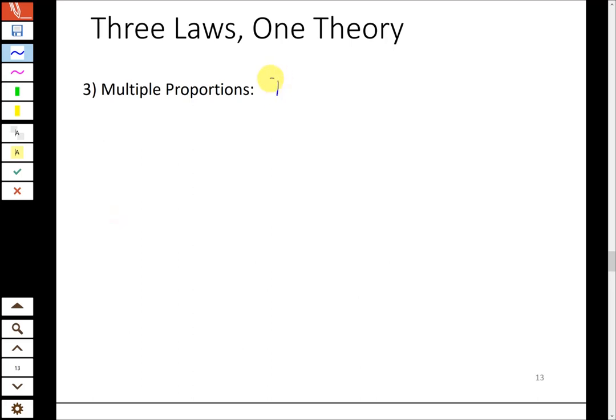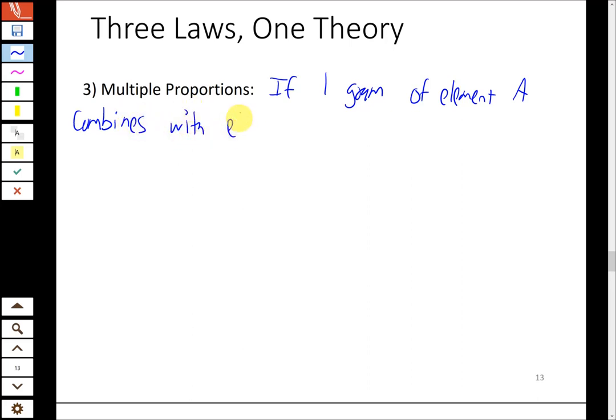So here's one way of stating it. It's a little bit complicated, but just bear with me for a minute. So if 1 gram of element A combines with element X to form two different compounds. So again, two different compounds, but they have the same two elements in them, just different ratios.